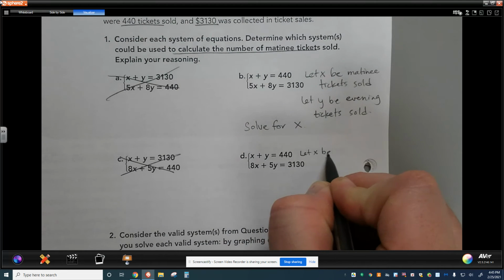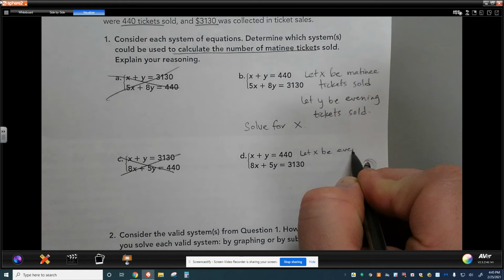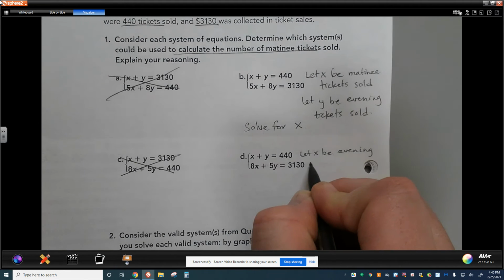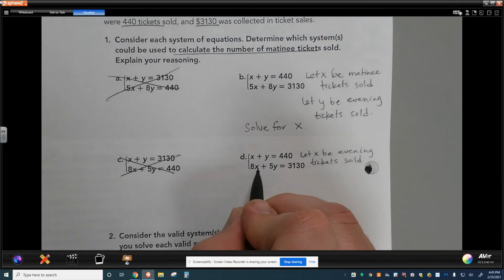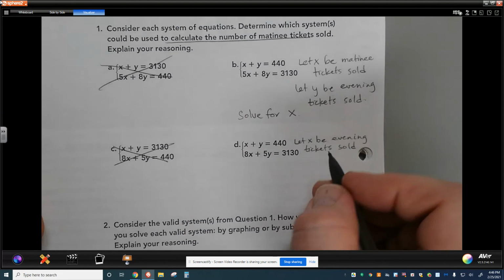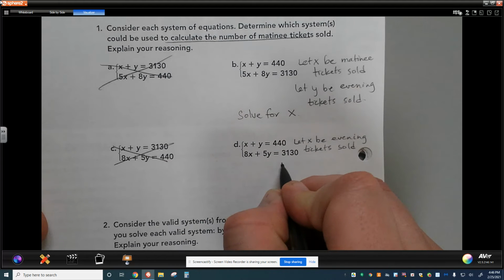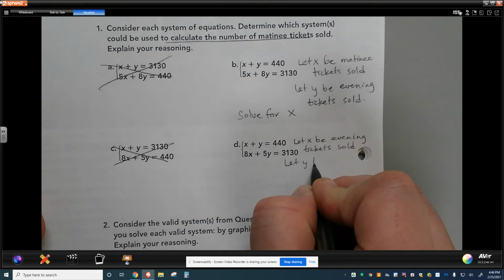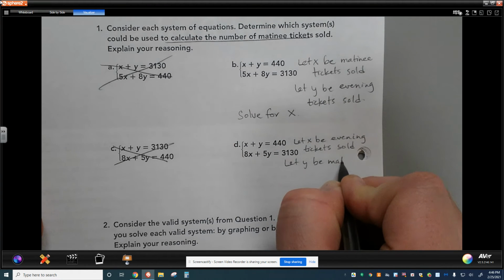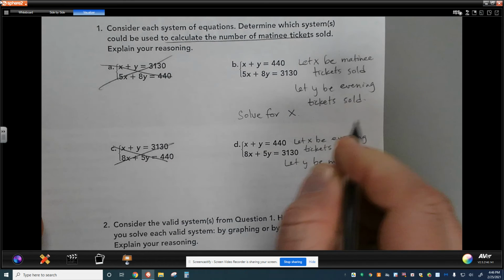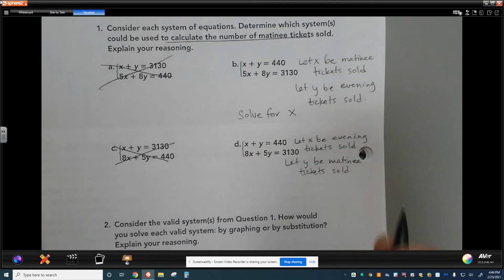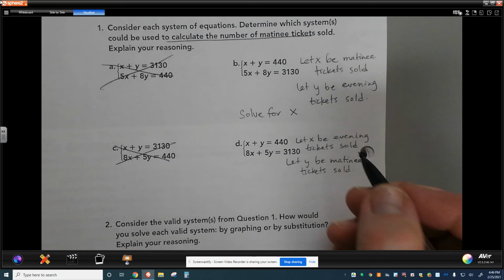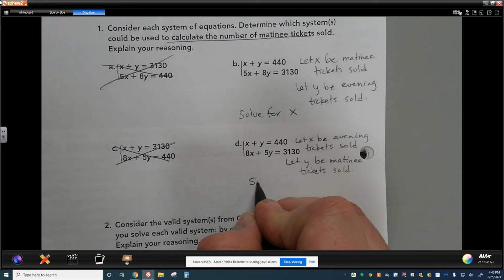Let X be evening tickets sold. And the reason for that is because now X is attached to the 8, and we know it's $8 for an evening ticket. And then we can say let Y be matinee tickets sold.